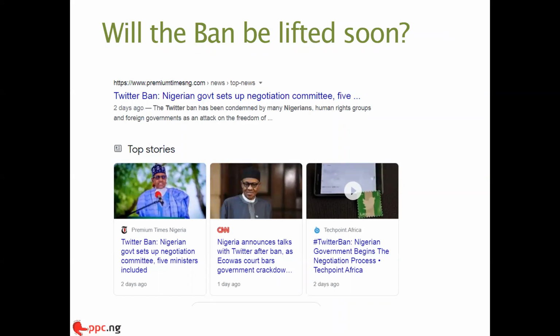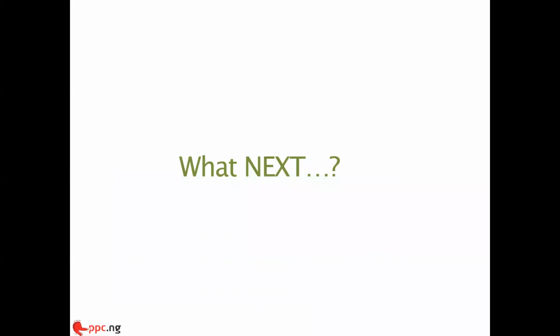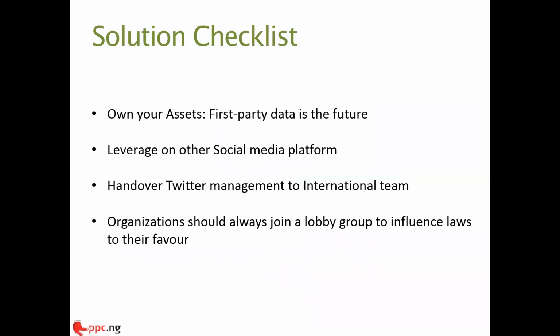So this sounds good. It looks like anytime from now, we might start tweeting freely without any fear and without using VPN, for those who make use of VPN. So what next? What are the solution checklists that we came up with? You might need to own your asset, so that anytime any of the social media platforms you currently depend on goes bad or goes down, it doesn't affect your business.